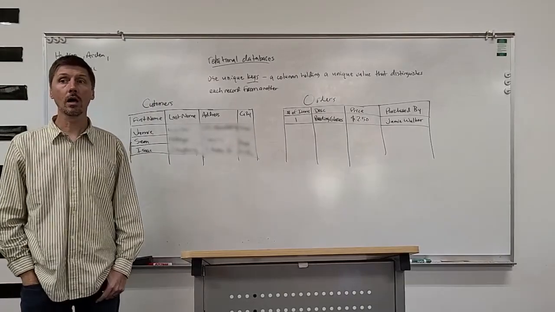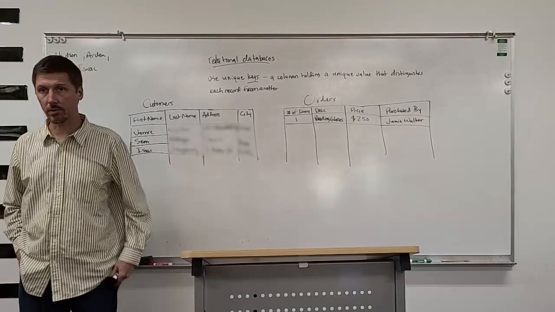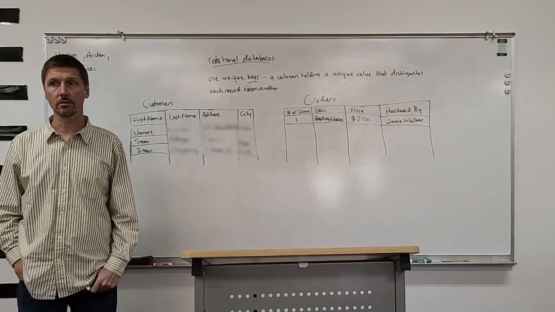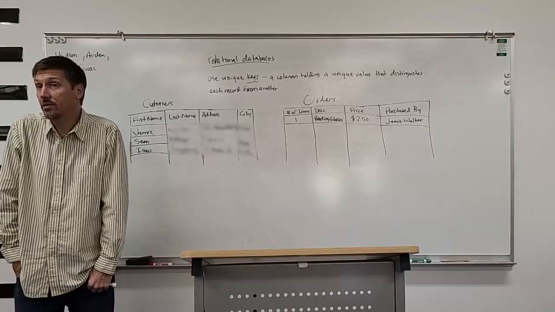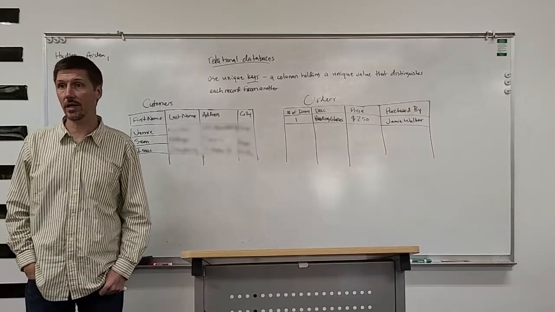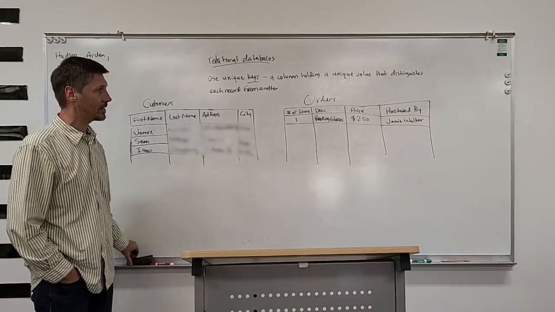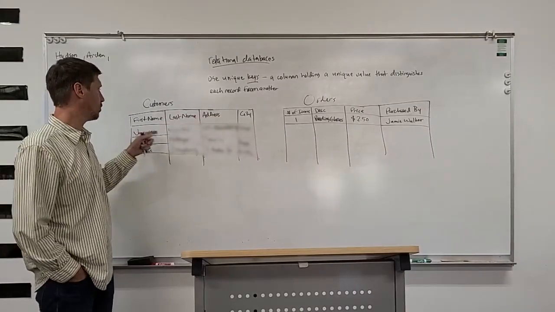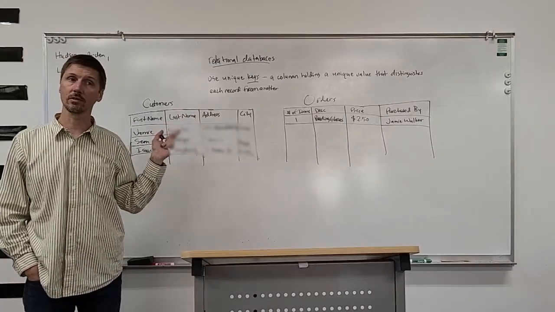What's the problem if there are more people than just the people we have in this class? There's going to be another person named Jamie Walker probably. That's a super cool name. So of course there are a lot of people out there with that name. Clearly, right? That's going to be a bad deal because which Jamie Walker is the one that actually purchased it if there's multiple Jamie Walkers in the database, right?